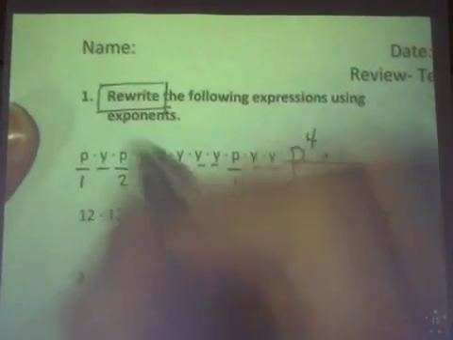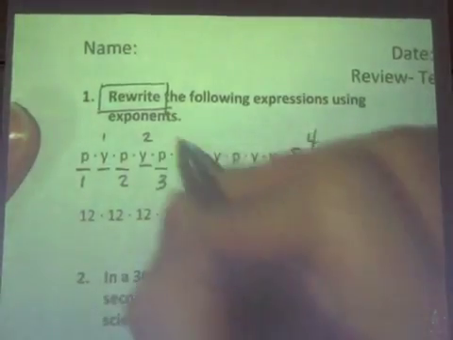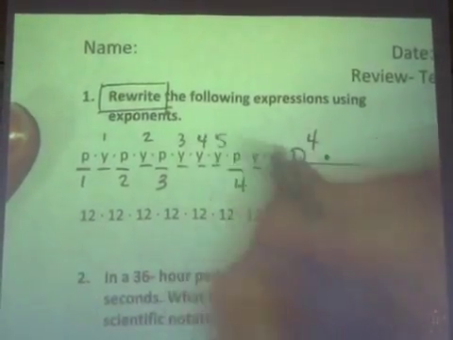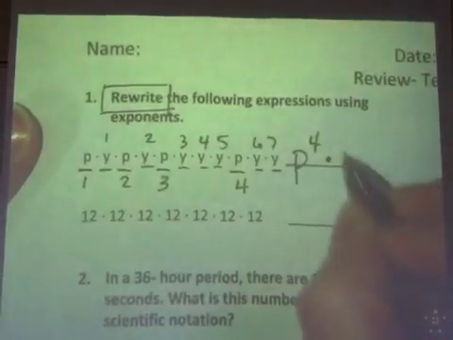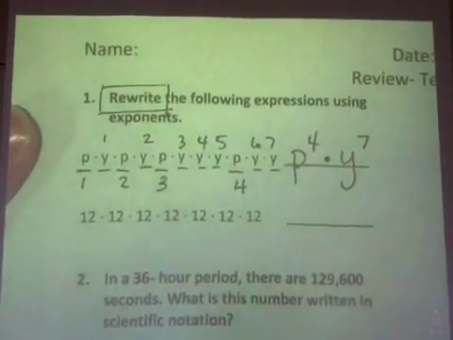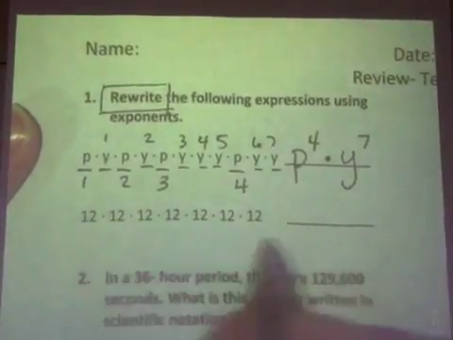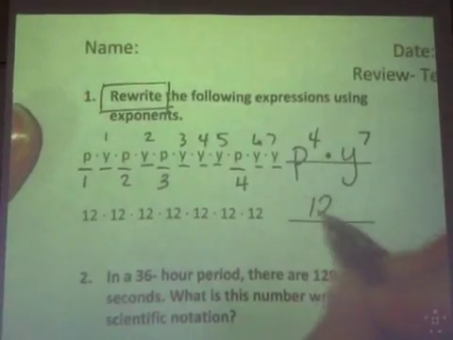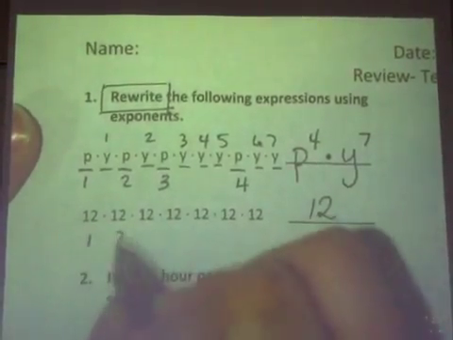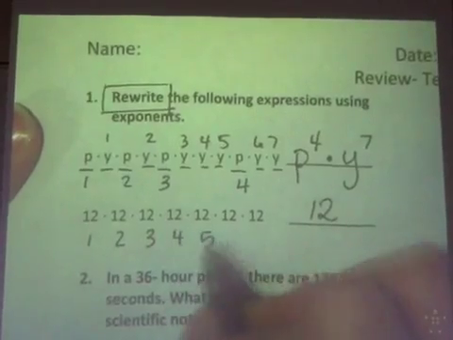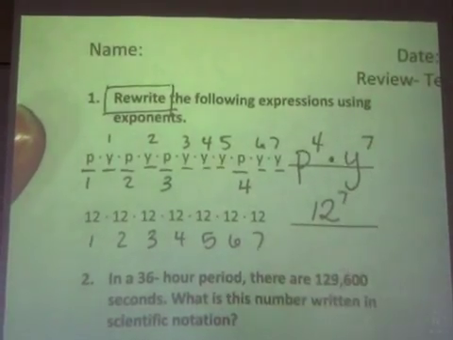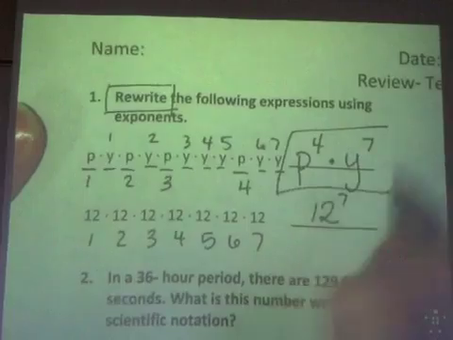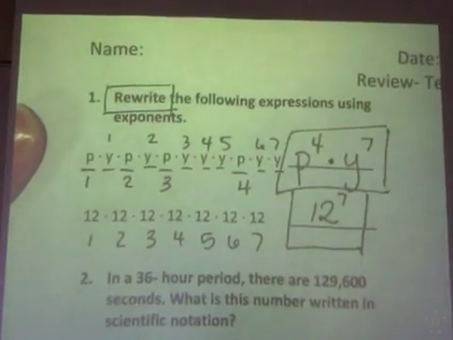And it is being multiplied 1, 2, 3, 4, 5, 6, 7 times. So it's times y to the 7th power. The next one, the base is all the same. It's all 12. It's being multiplied 4, 5, 6, 7 times. So these are my answers. I don't have to evaluate anything.